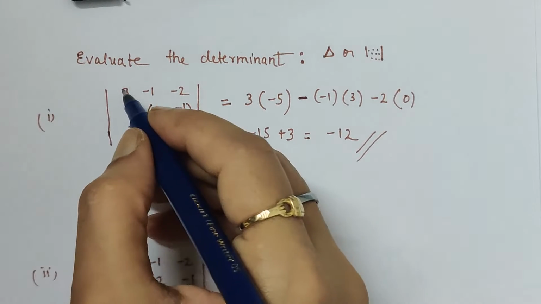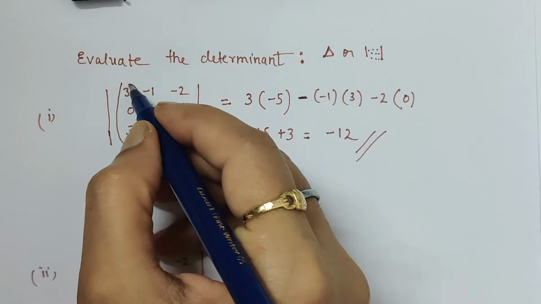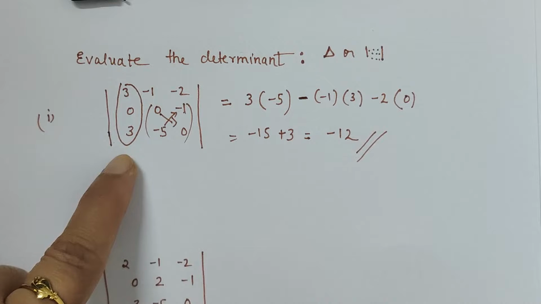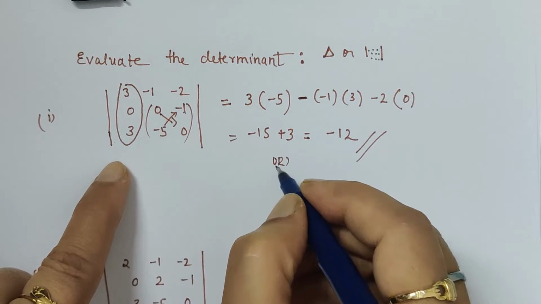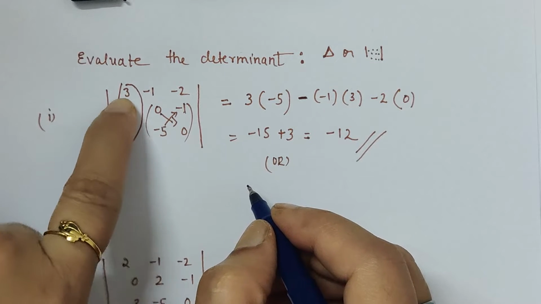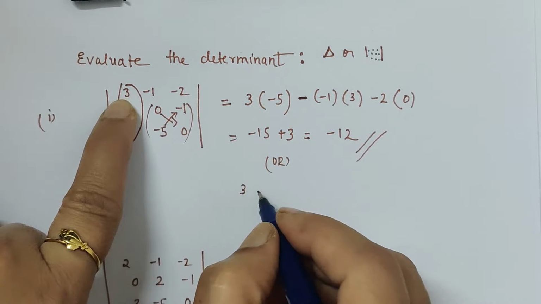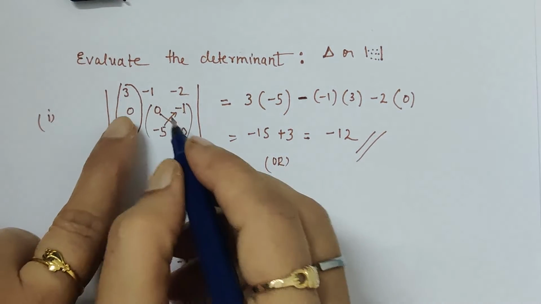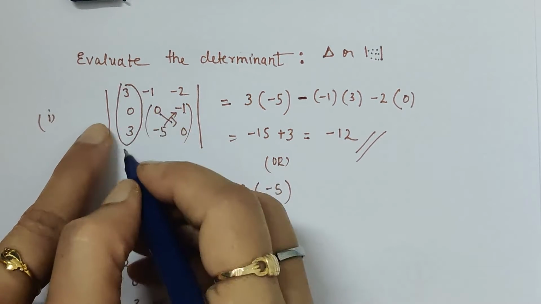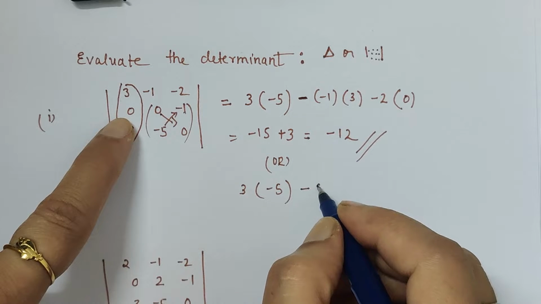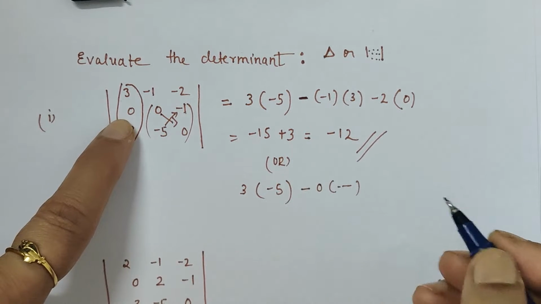Now if I tell you that you can even calculate the determinant along this first column, the answer would be the same. See how we calculate it. This is even position, so 3 times, eliminate this row and this column, we are left with -5. Then this is second row first column, odd position, so put a negative sign, and 0 into 0, 0 into anything is 0 only, right?